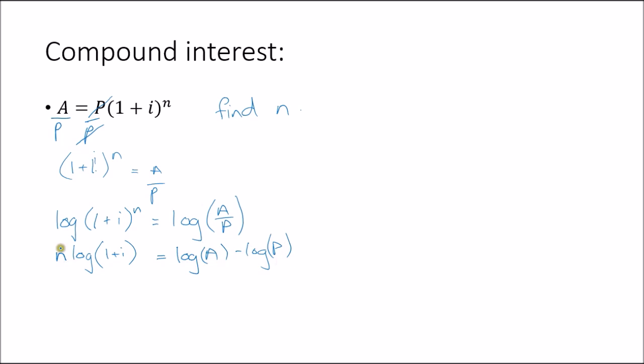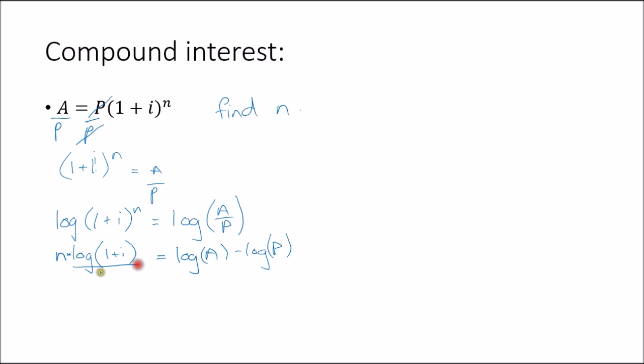And so now to get this by itself, what I've got is n times log of 1 plus i. Now I can't figure this out at the moment because I don't know any of these quantities, but I can rearrange this to get n by itself, because what's happening here is multiplication.